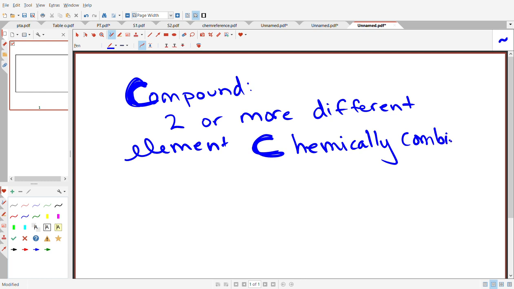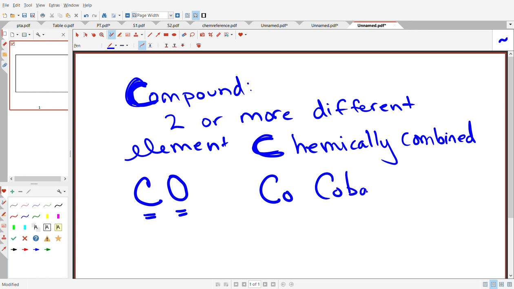So if we have capital C with capital O, that's a compound because this represents carbon, that represents oxygen, and that's carbon monoxide. Where if you had a C with a lowercase o, that is cobalt, which is an element, not a compound.